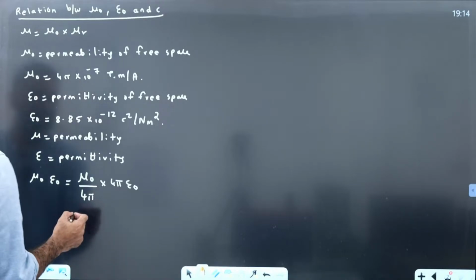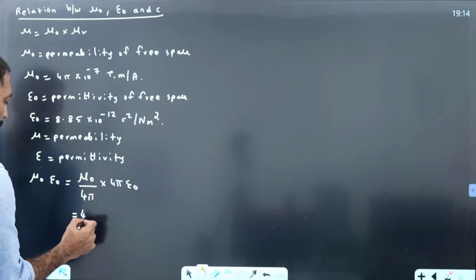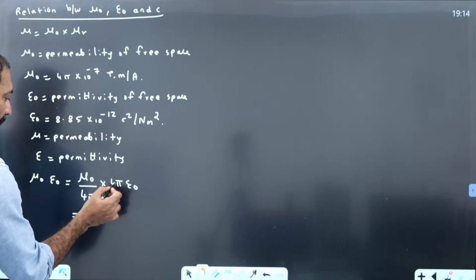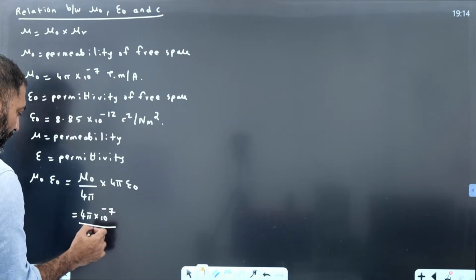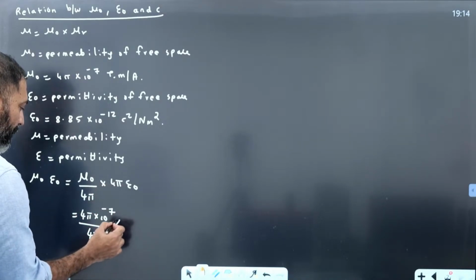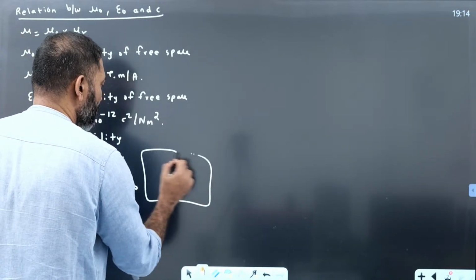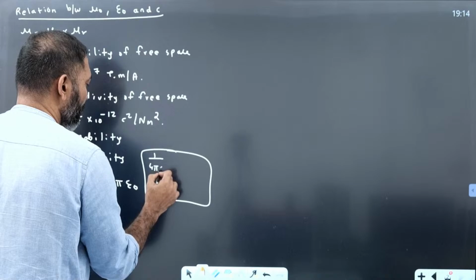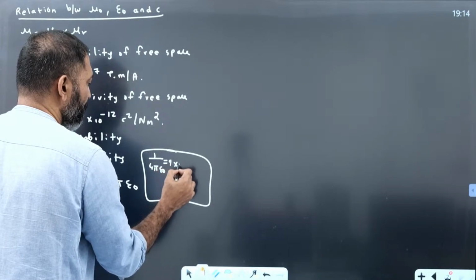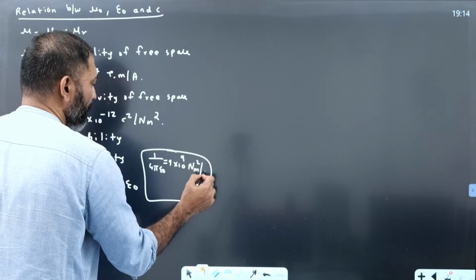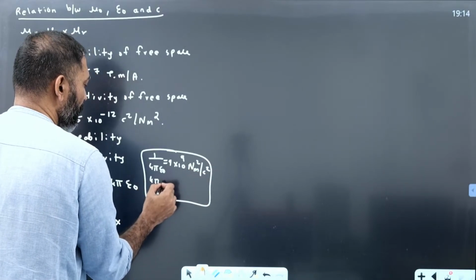So I'm just doing a small trick. I am multiplying and dividing by 4 pi. So 4 pi into 10 raised to minus 7 divided by 4 pi into, I know that 1 by 4 pi epsilon naught is 9 into 10 raised to 9, in Newton meter square per Coulomb square. So what is 4 pi epsilon naught by 1?